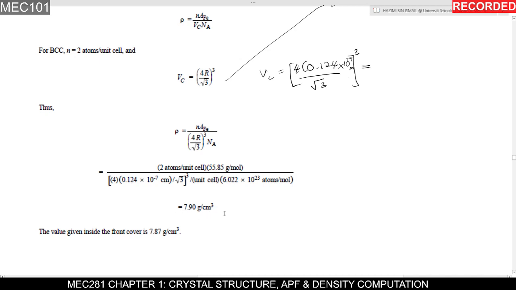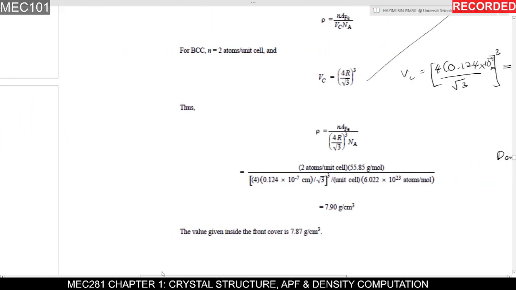So this is the value of density, mass per volume, right? Density, as we know, is mass over volume. So here is mass, and the centimeter cube here is the unit of volume. So it obeys the law of density.